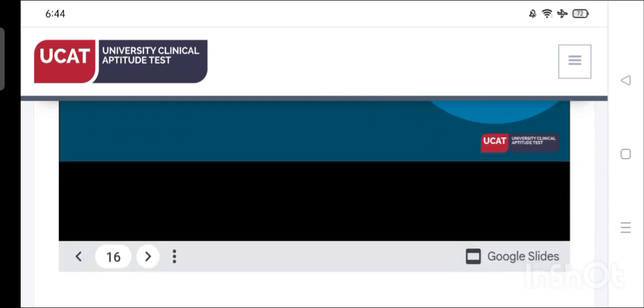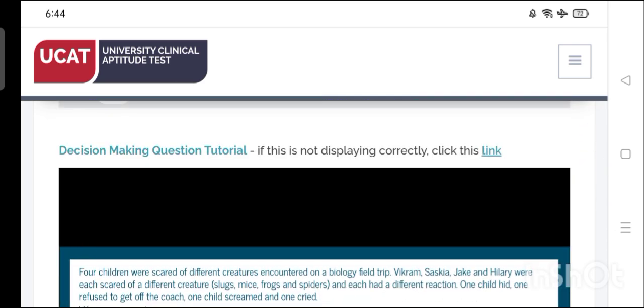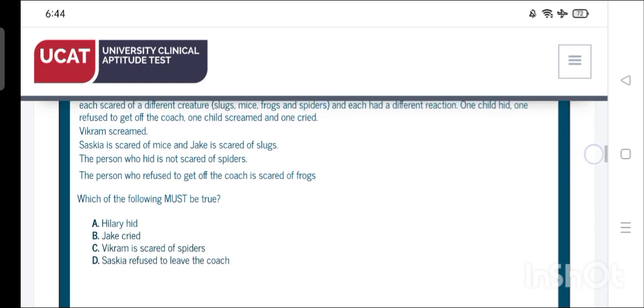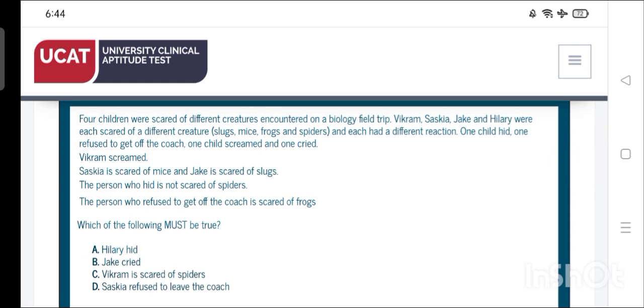Now here we have an example question for the logical puzzle type. That's how the data, or you can say a passage, will be provided to you. So first here we have: 4 children were scared of different creatures encountered on a biology field trip.